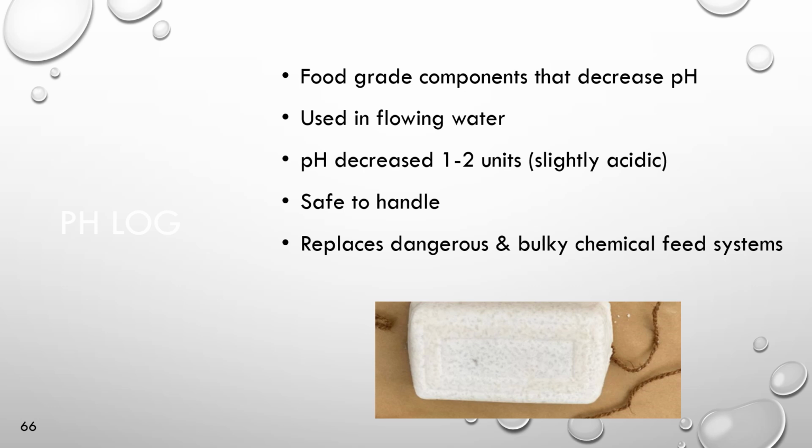And so we decided to use the anionic PAM as a delivery in these pH logs, and they worked very effectively. We were able to decrease the pH just the slightest amount that they needed to meet their discharge requirements, and we were successful. And so that's kind of the purpose of the pH logs.